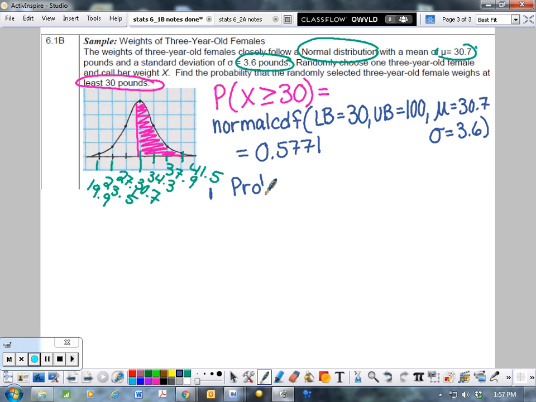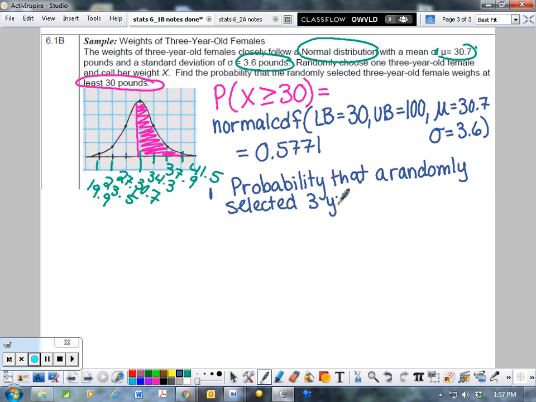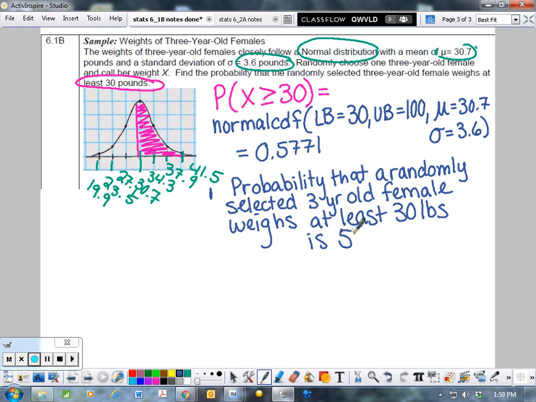So then we interpret it: the probability that a randomly selected 3-year-old female weighs at least 30 pounds is 57.71%. And that's it.